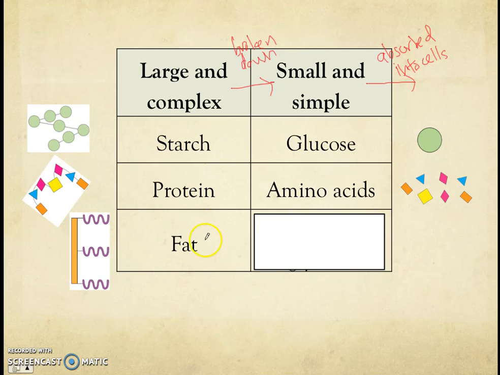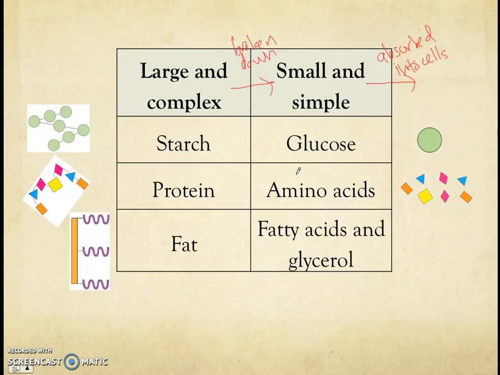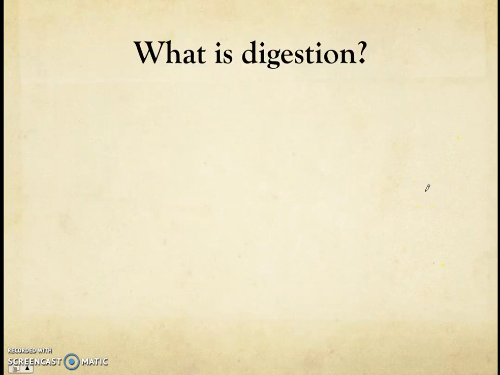Finally, fats are also just far too big to enter cells, so they need to be broken down to something small and simple, which is fatty acids and glycerol. Now in this form, the nutrients can then be absorbed into the cells.